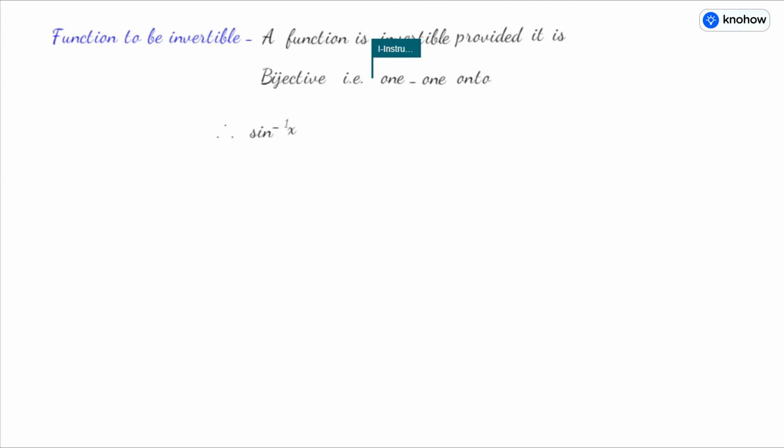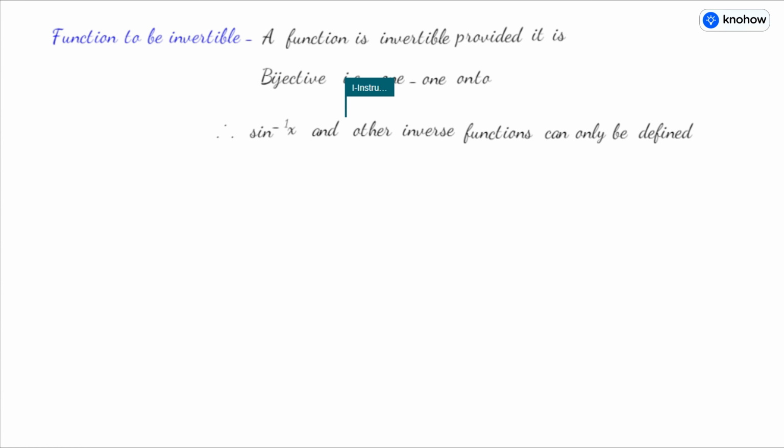So sine inverse x and other inverse functions can only be defined provided they are 1, 1 onto. Let's see how we can make sine inverse x and similarly other functions 1, 1 onto with the help of graph. First, I will discuss the graph of sine theta and then the inverse function.